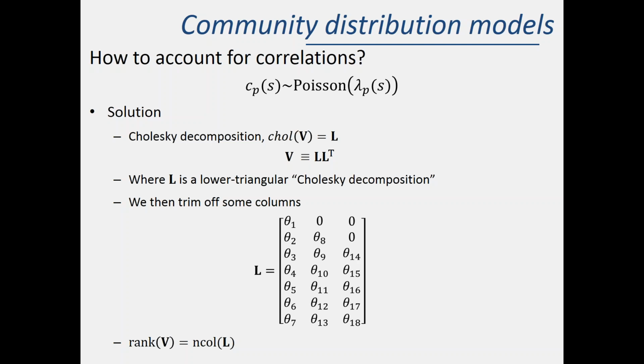That's the definition of Cholesky, and we call it L for lower because it's a lower triangle matrix. You can take that Cholesky and then trim off some of the columns, and so you end up with this rectangular matrix that has fewer parameters, and you can reform the covariance matrix from this L times its transpose.